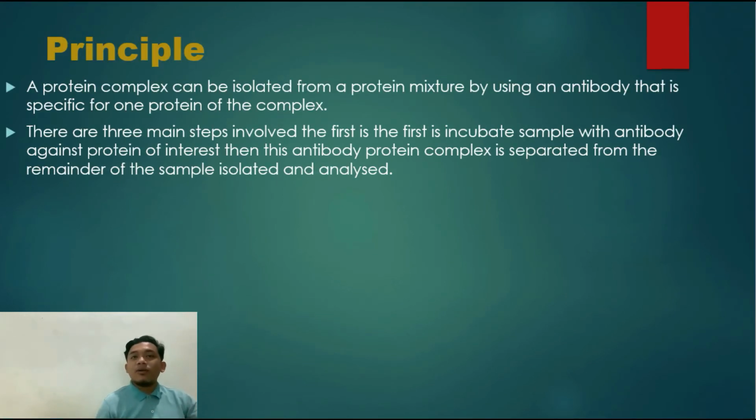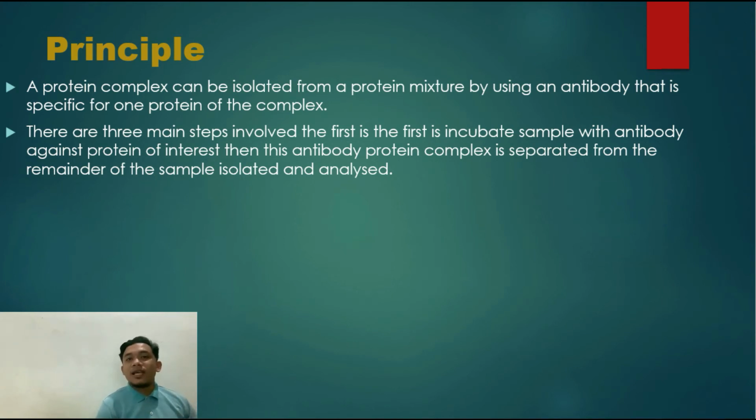Okay, we go to the principle. A protein complex can be isolated from a protein mixture by using an antibody that is specific for one protein of the complex. For your information, there are three main steps involved in this principle.